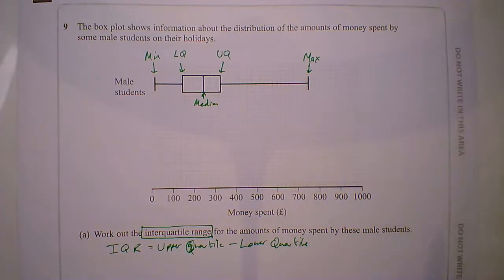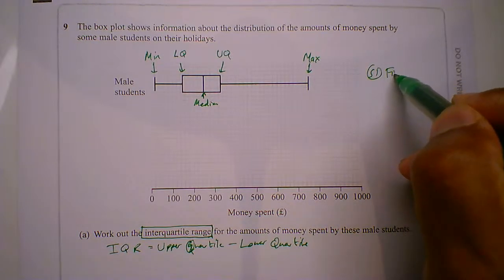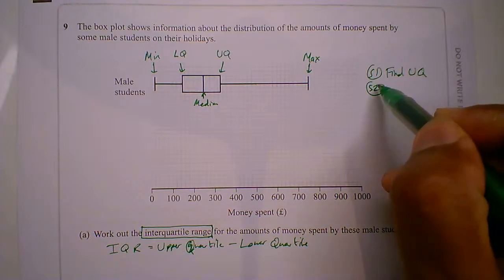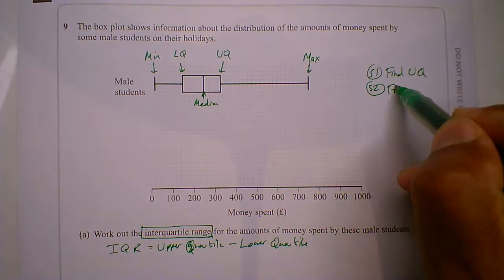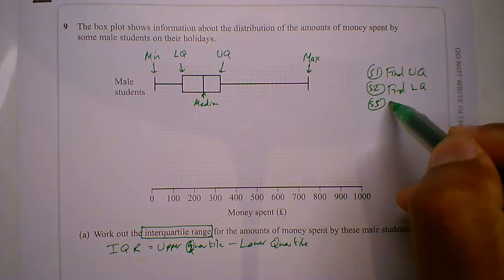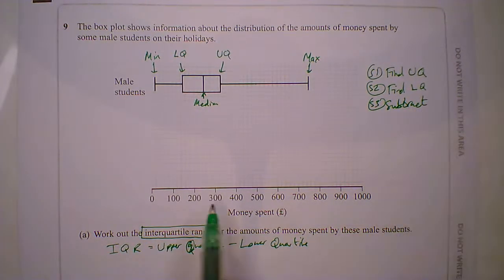So what are my steps? Step 1 is I need to find the upper quartile. Step 2 is I find the lower quartile, and then I subtract them. Okay, so first of all, let me look at the scale.